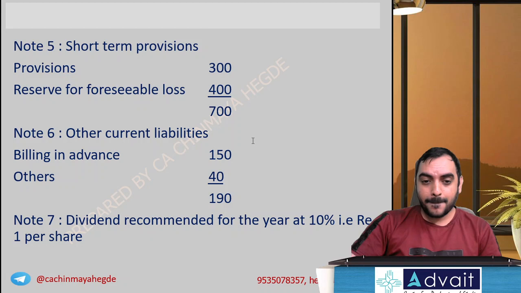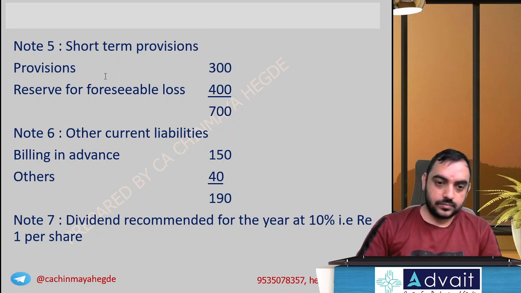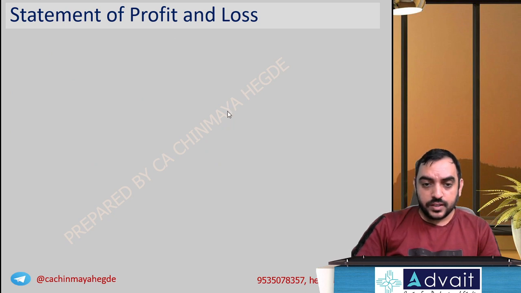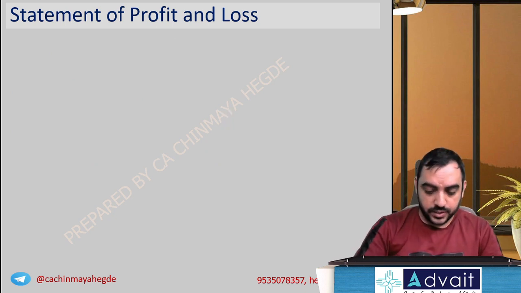First, let's prepare the P&L, the statement of profit and loss. We will do the revenue from operations.